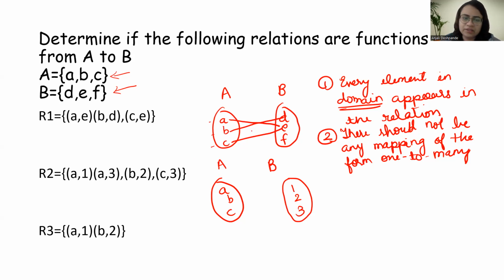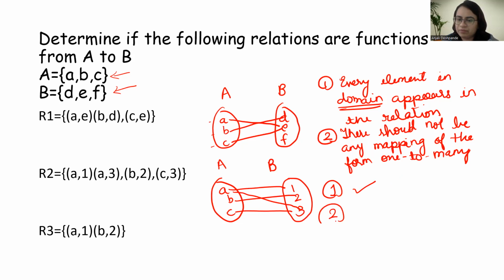So here a is related to 1, a is related to 3, b is related to 2, and c is related to 3. So what about the first property? Is it satisfied? Yes. Every element from the domain appears in the relation. What about the second property? It is not satisfied. Why? Because a is related to 1 as well as a is related to 3.